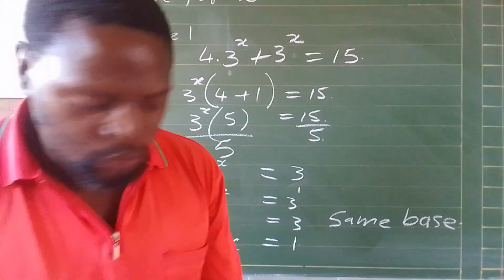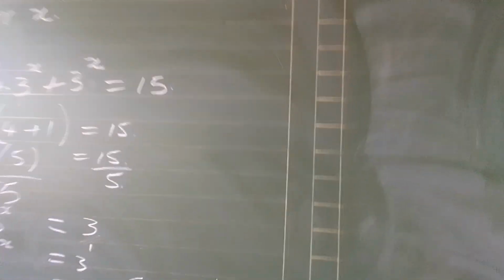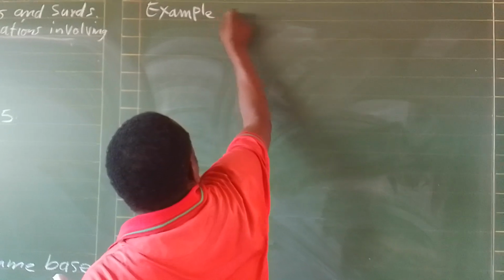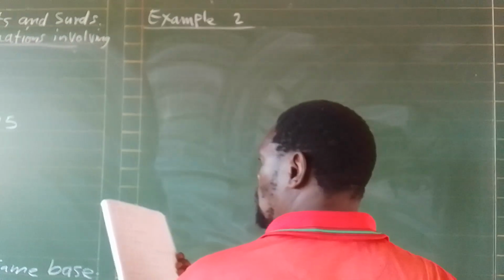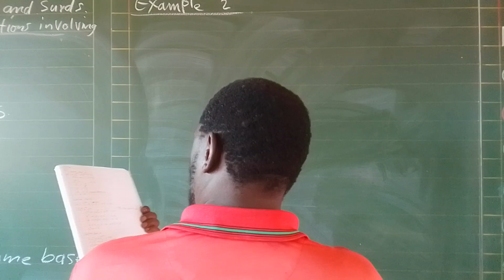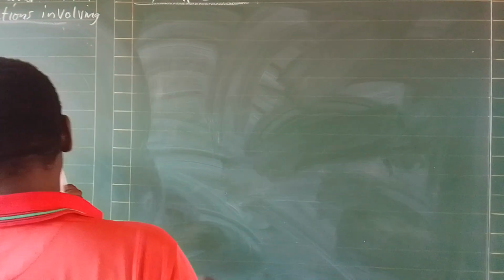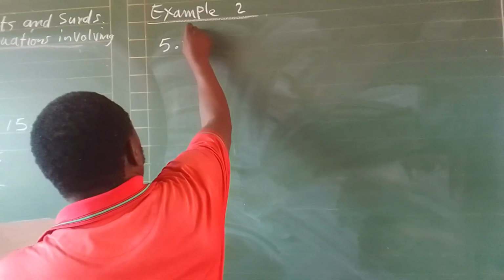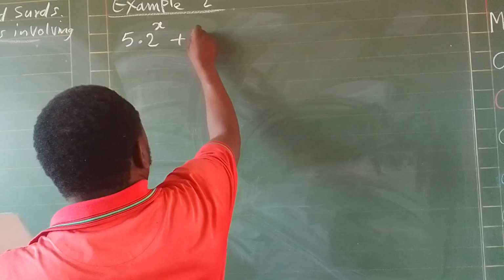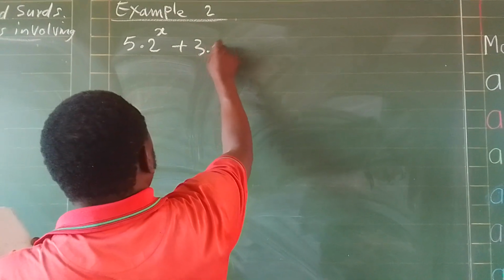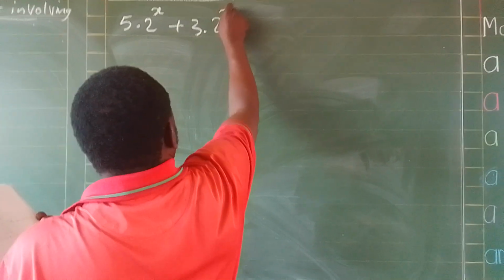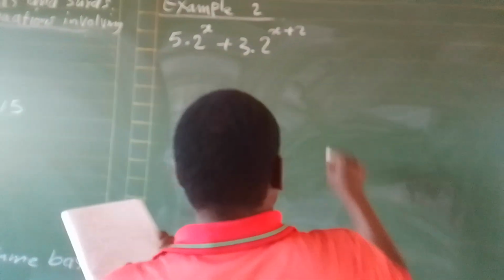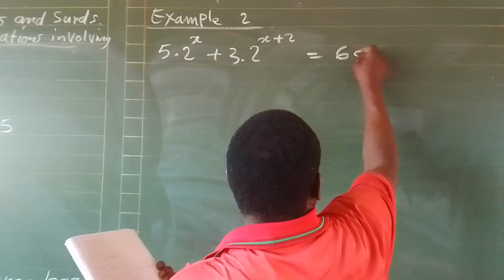Let's go for example number 2. It says solve for x as well. It says 5 times 2 to the power x plus 3, plus 2 to the power x plus 2, is equals to 68.